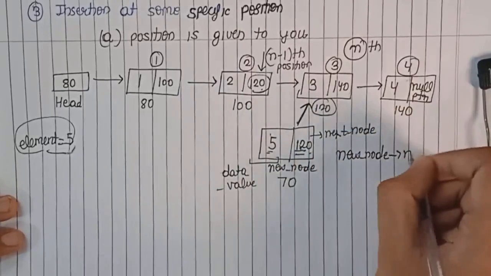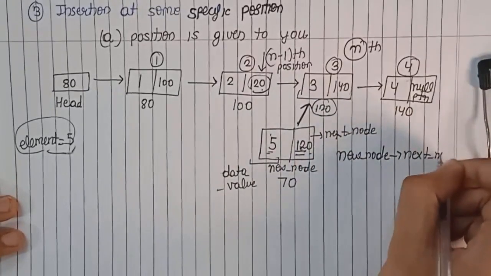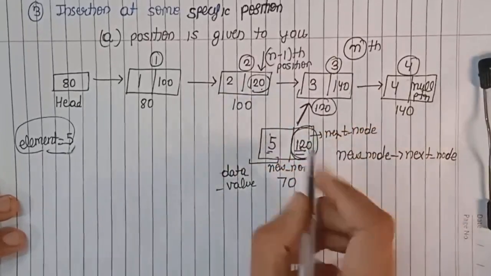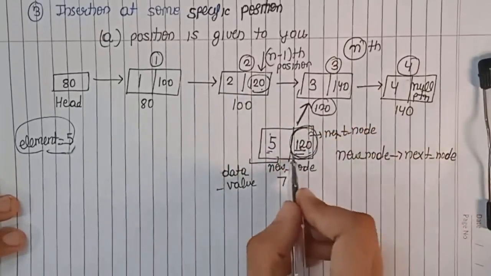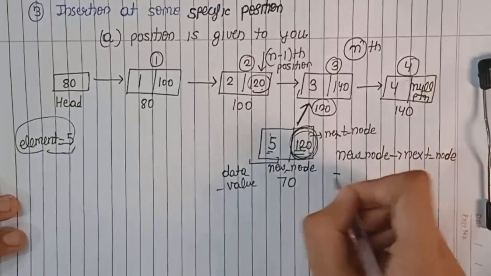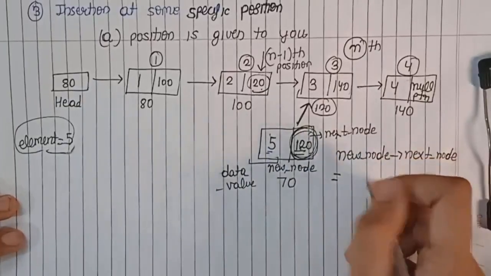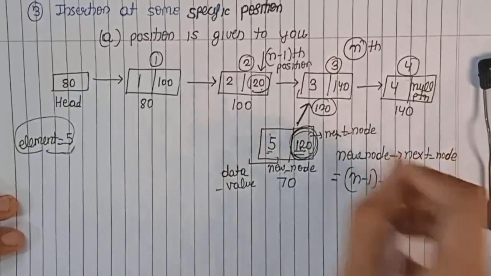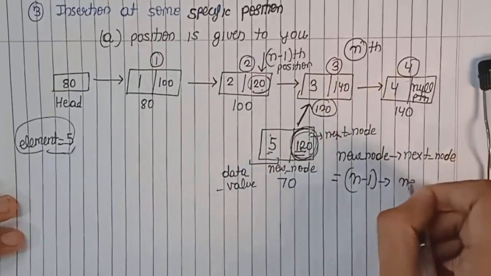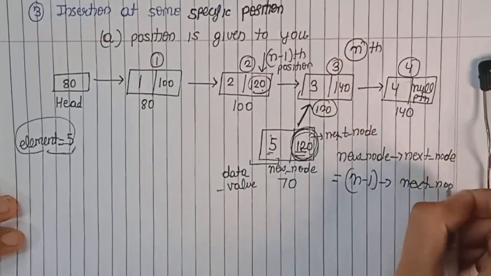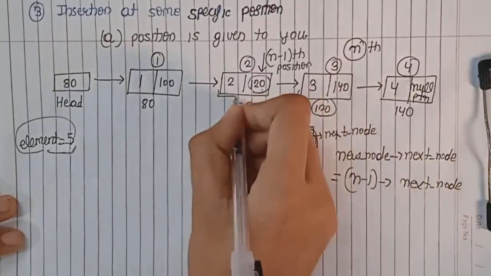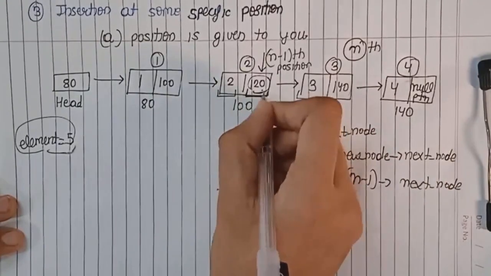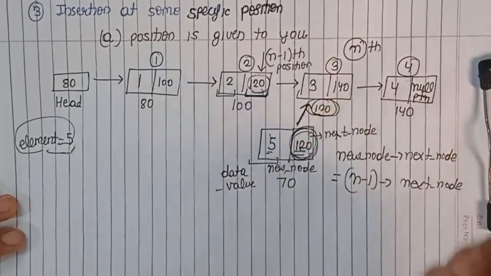So I will just do next node pointer, that is this next node pointer of the new node, is equal to assigning it n-1th node next node, because I know that this is the data value, this is the next node pointer storing the address 120.